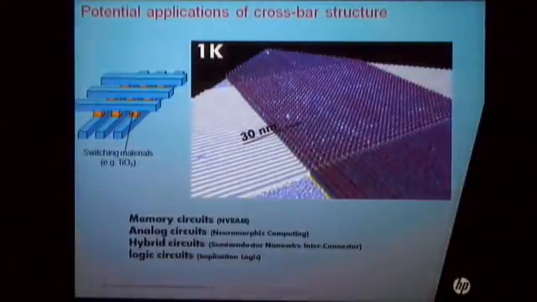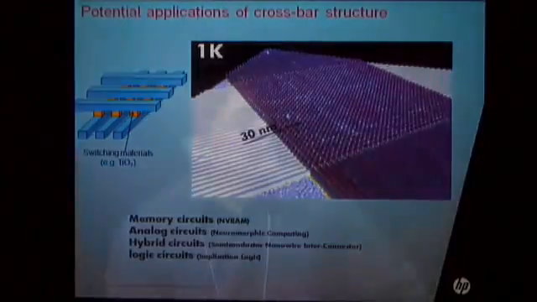If you put these individual devices into an array, you get this crossbar structure. Here you are looking at 1,000 memristive devices within a 2 micrometer by 2 micrometer area. And the crossbar structure has these proposed applications.